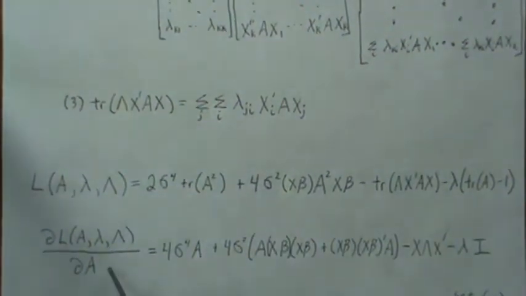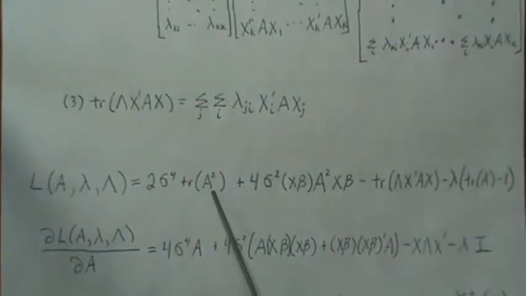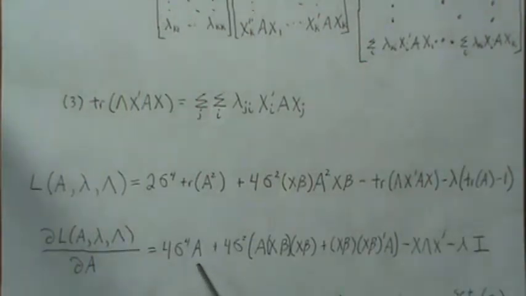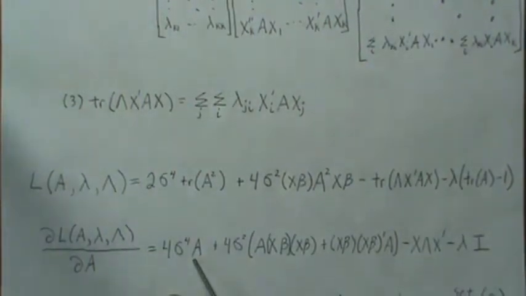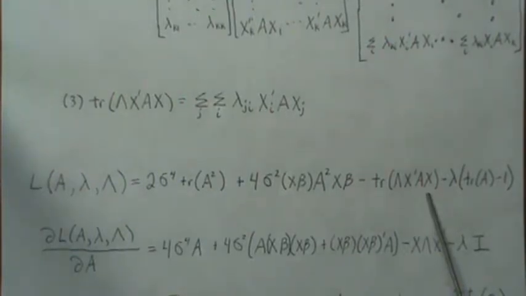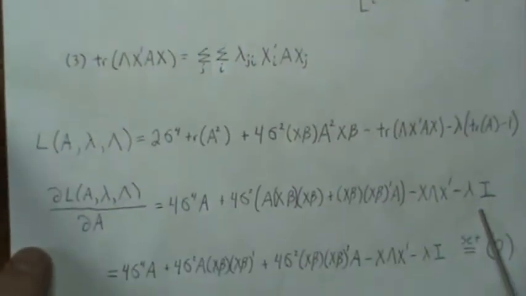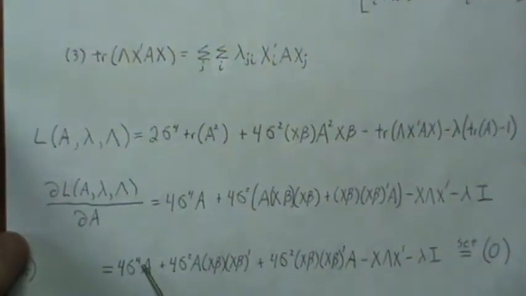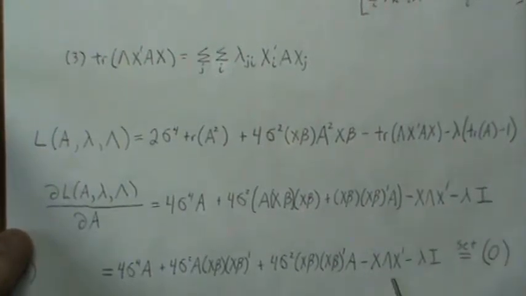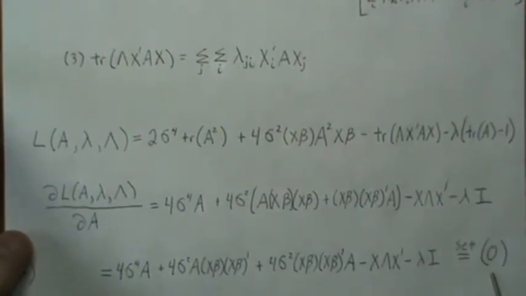So now we take the partial with respect to A. Since the video is so long, I'm not going through the derivatives of matrices, but this boils down to this. This is this piece, and that's this, and that's this. Okay, so now simplifying, multiplying that in, set it equal to 0.